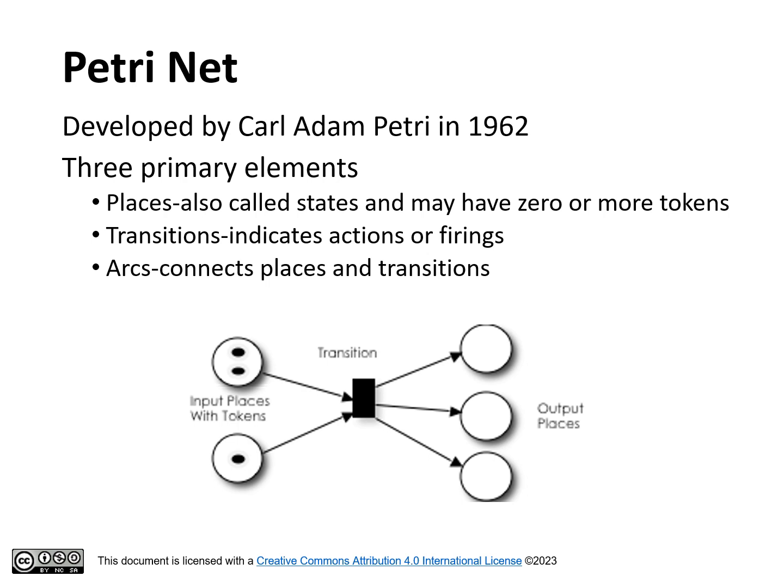When a place is the source of an arc that is directed to a transition, it is called an input place. A place that is the destination of an arc emanating from a transition is called an output place. Places may contain 0 or more tokens indicating resource availability or a fulfillment of a condition. Actions, or transfer of tokens, are indicated by transitions or firings.